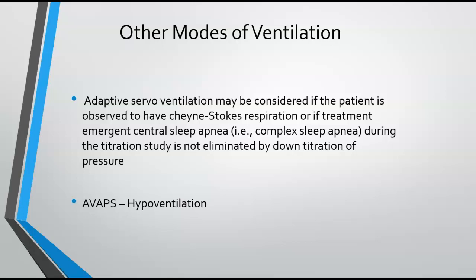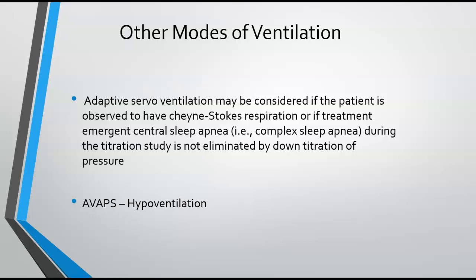For example, you were doing a diagnostic study where the patient is exhibiting predominantly obstructive apneas, and once you started CPAP, the patient is now showing central apneas. This is what is called complex sleep apnea. Or the patient has Cheyne-Stokes respiration, as you see in the crescendo-decrescendo pattern with central apnea in between.